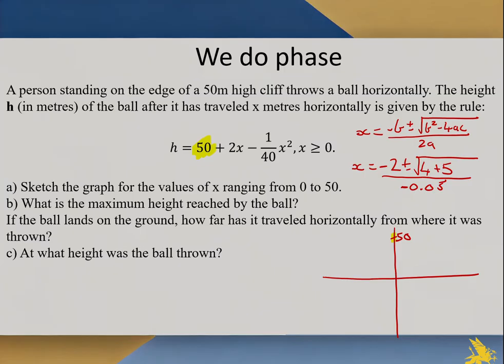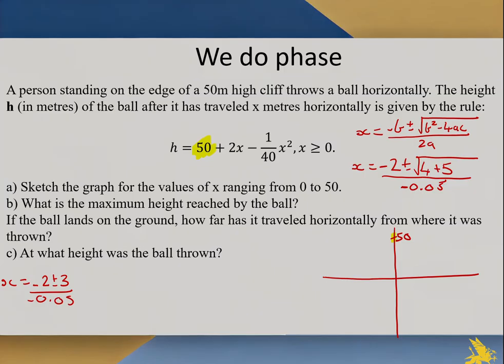We can simplify this now down to 4 plus 5 is square root of 9, which will give me 3. So that gives me x is equal to negative 2 plus or minus 3 over negative 0.05.